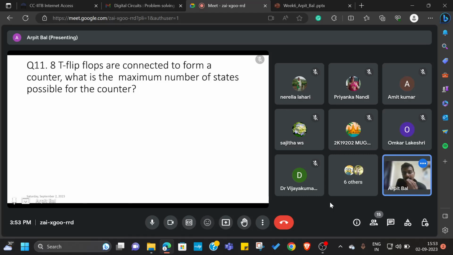Okay, so there are 8 T flip-flops that are used to form a counter, and 2 to the power 8 minus 1. 4095? No, that's more than the right answer, it has exceeded the value. Probably it's a bit lesser than that.